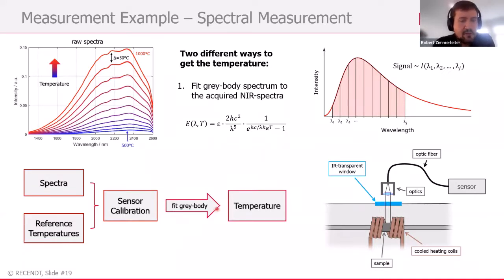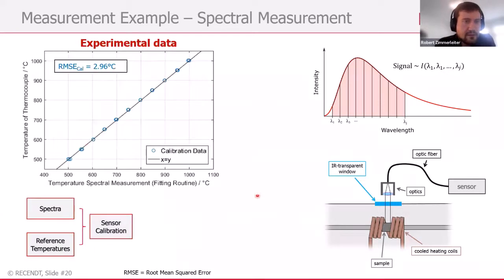So by using suitable fitting algorithms, you can extract the temperature from spectral data by just fitting the gray body radiation to it. So this is what we did. First, for the calibration data set, we have the experimental data here, the temperature of the thermocouple on the y-axis and the temperature that we get for the calibration data using the fitting routine on the x-axis.